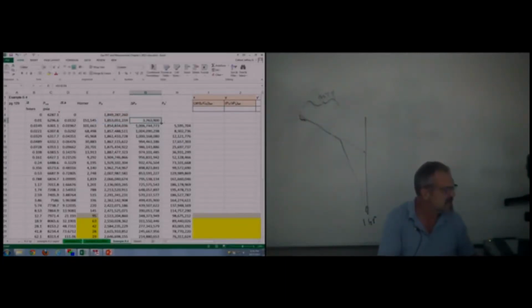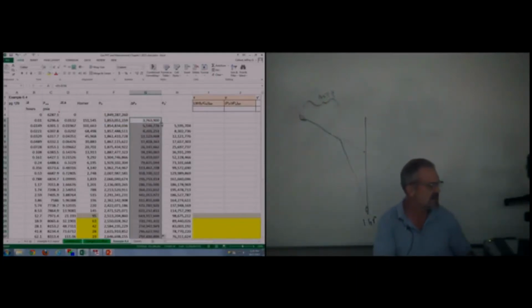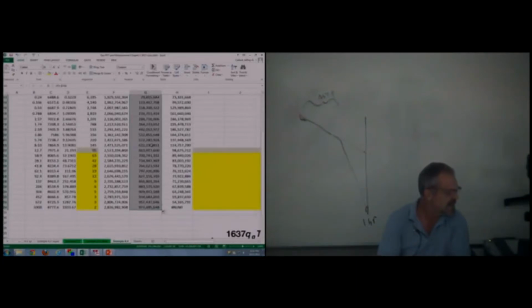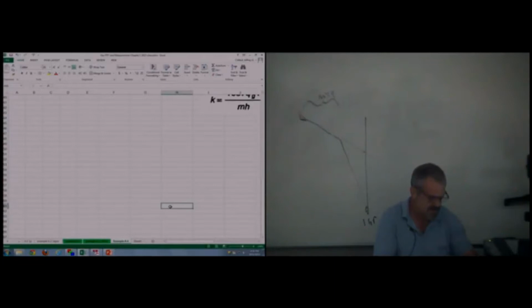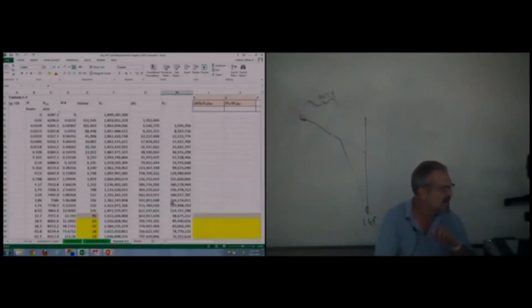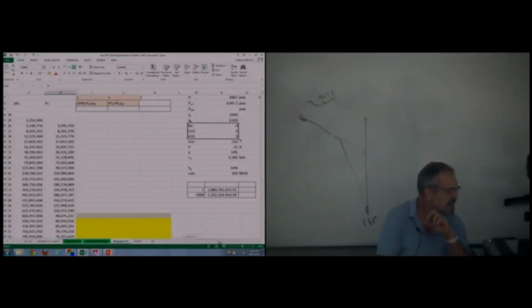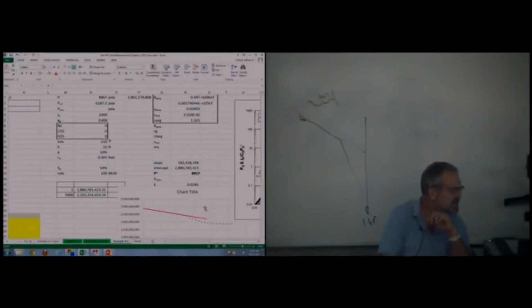And these increase. There we go. That might be why we had some different numbers earlier.